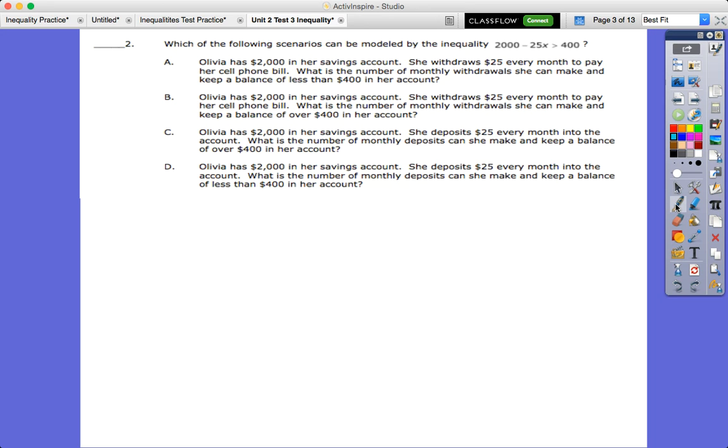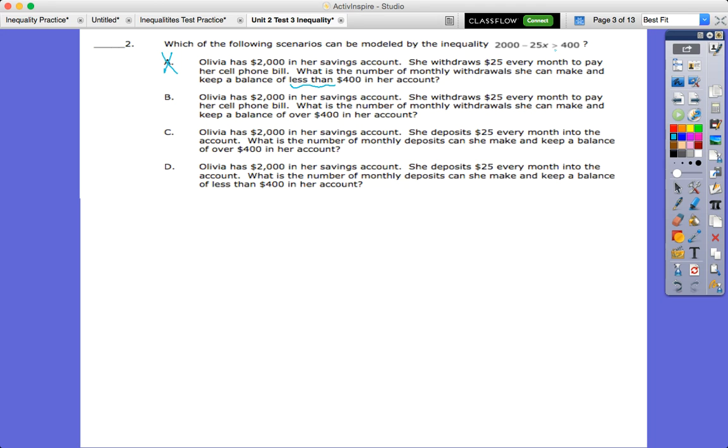A says Olivia has $2,000 in her savings account. She withdraws $25 every month to pay her cell phone bill. What is the number of monthly withdrawals she can make and keep a balance of less than $400 in her account? So that is not going to be the answer because our sign says greater than.